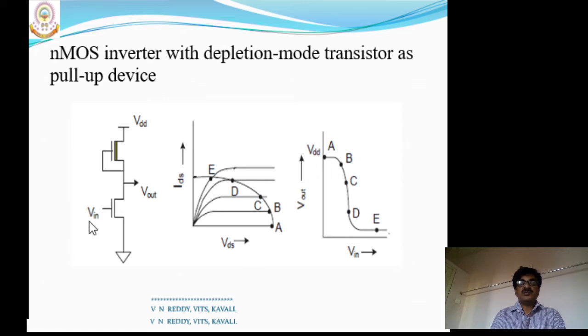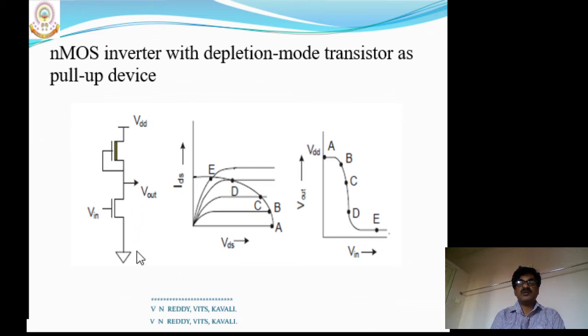Similarly, suppose the input is logic 1, that means applying VDD voltage at the input of this pull down transistor. With that voltage at the gate, the pull down transistor is in the on state. On state is considered as a short circuit.